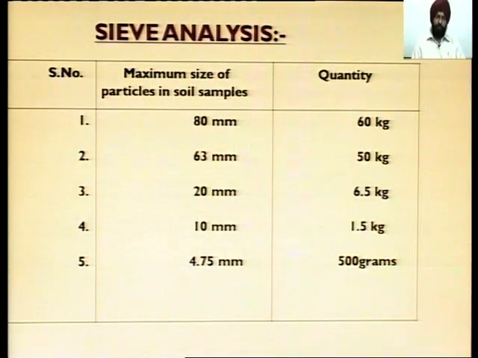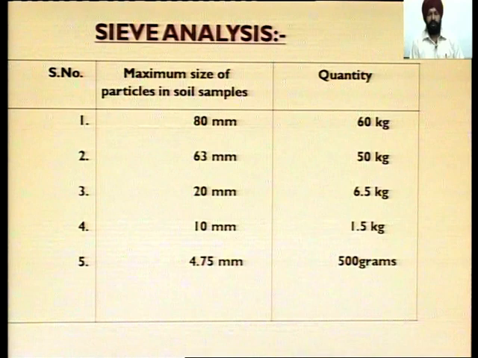In this table is shown the maximum size of the particles in the soil sample. According to the maximum size of particles, the quantity taken for the sieve analysis is: number 1, 80 mm size, the quantity is 60 kg. Number 2, 63 mm, the quantity taken is 50 kg.